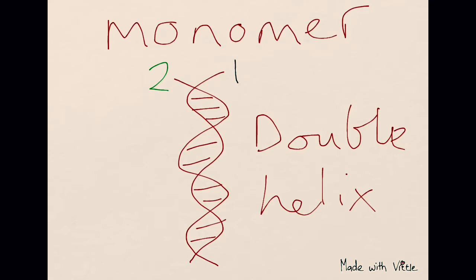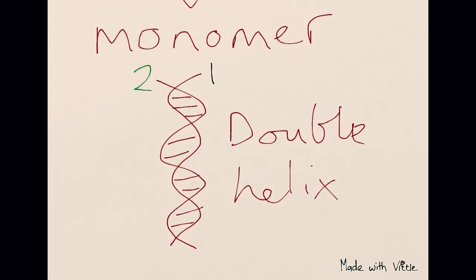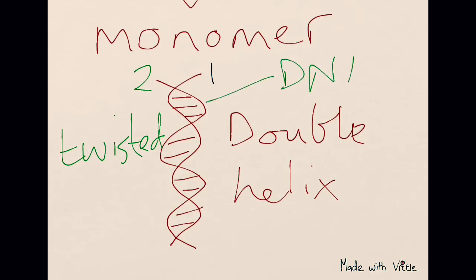Those two strands are twisted around each other to form this double helix. So that's the easily recognizable form of DNA that we've all seen in lots of different images.